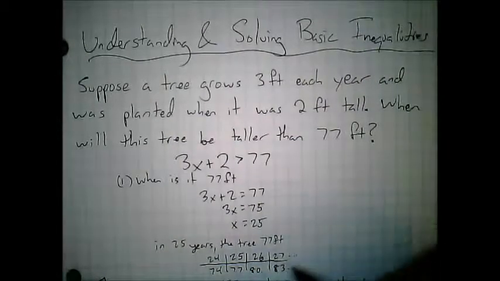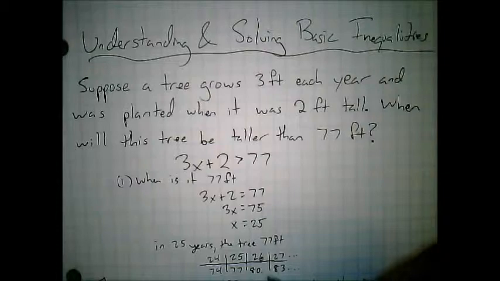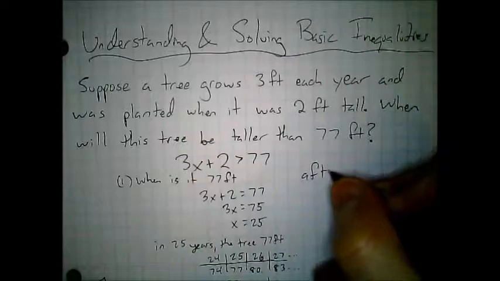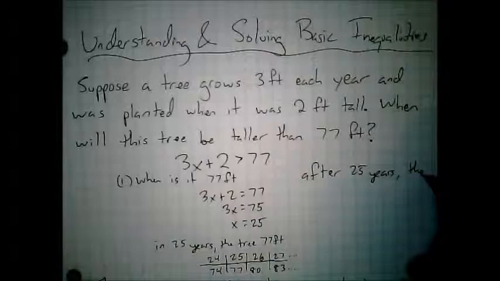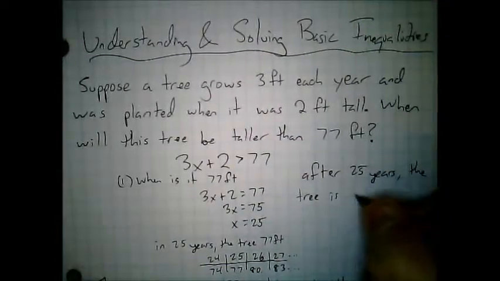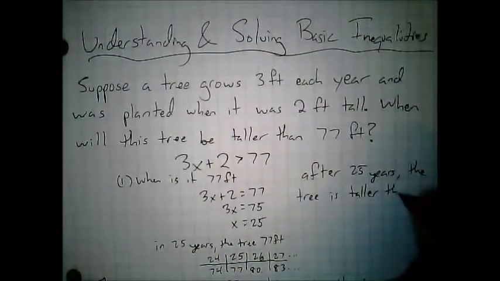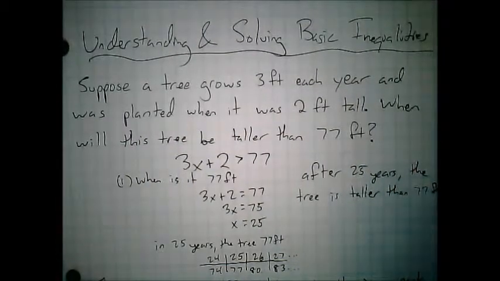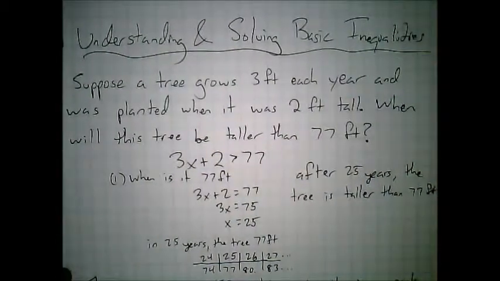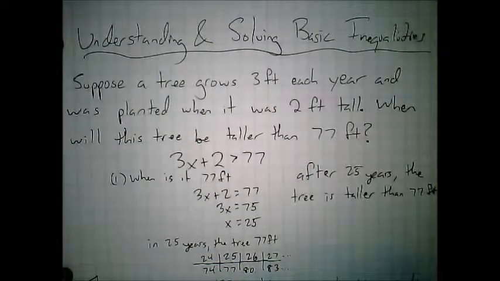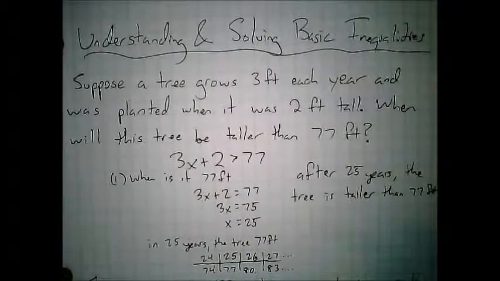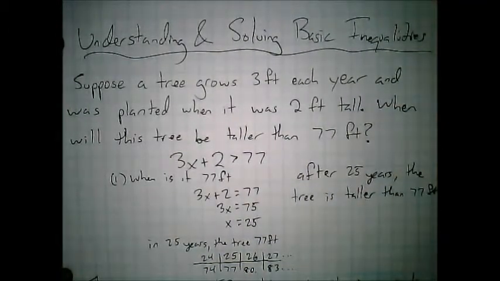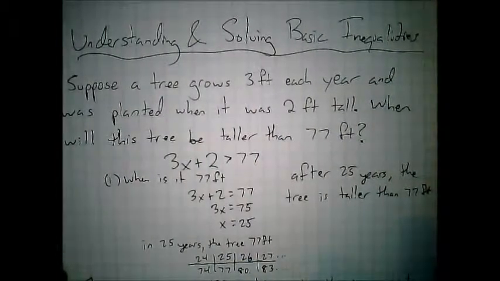So basically, what this means is, after 25 years, the tree is taller than 77 feet. And that's really it. We see in the 26th year it was 80 feet, 27th it was 83. So after the 25 years, because it takes 25 years for it to be 77 feet, the tree is taller than 77 feet.